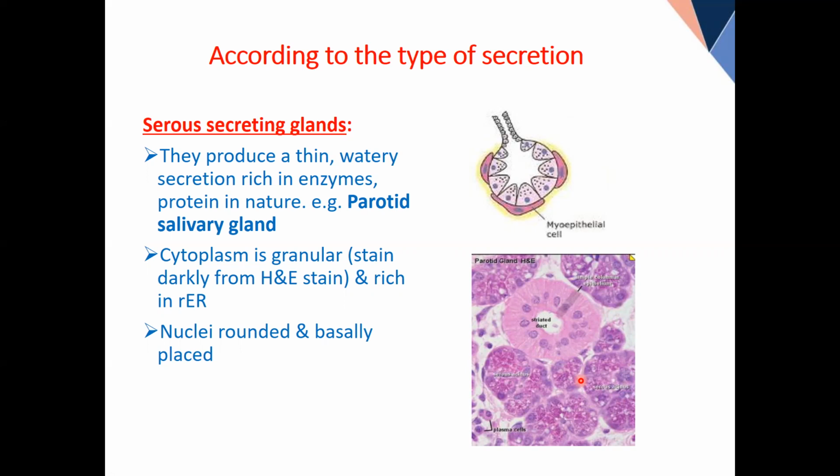So if there is a cell which has more rough endoplasmic reticulum in its cytoplasm, that area of the cytoplasm will be stained by the same stain which stains the nucleus. So within the cytoplasm, you will see an area of basophilia. The rest of the cytoplasm will remain pink.